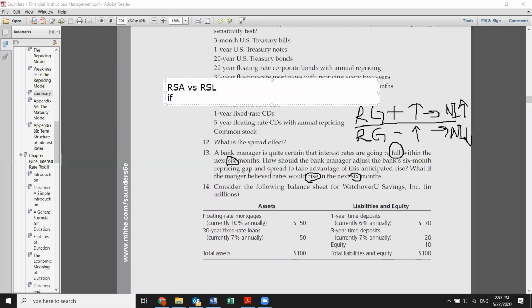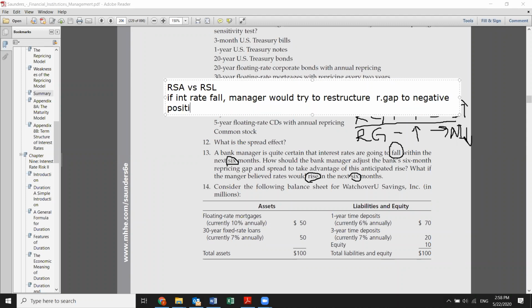If interest rate falls, the manager of the bank would try to restructure the repricing gap to a negative position.